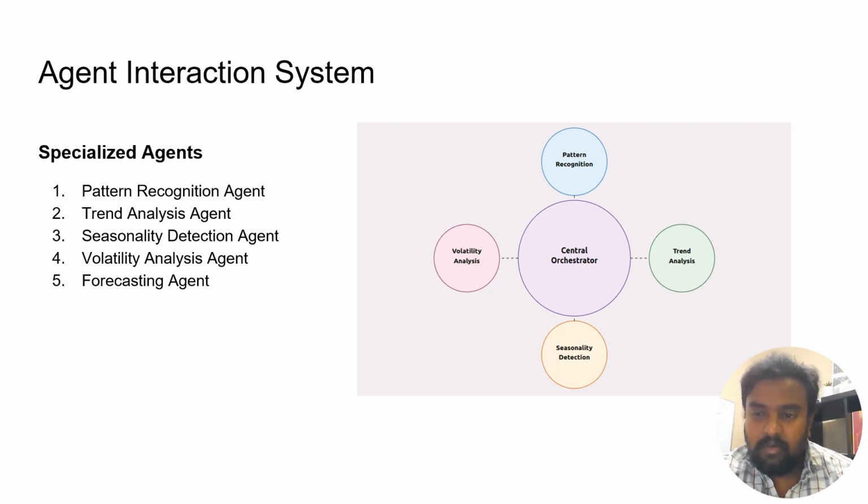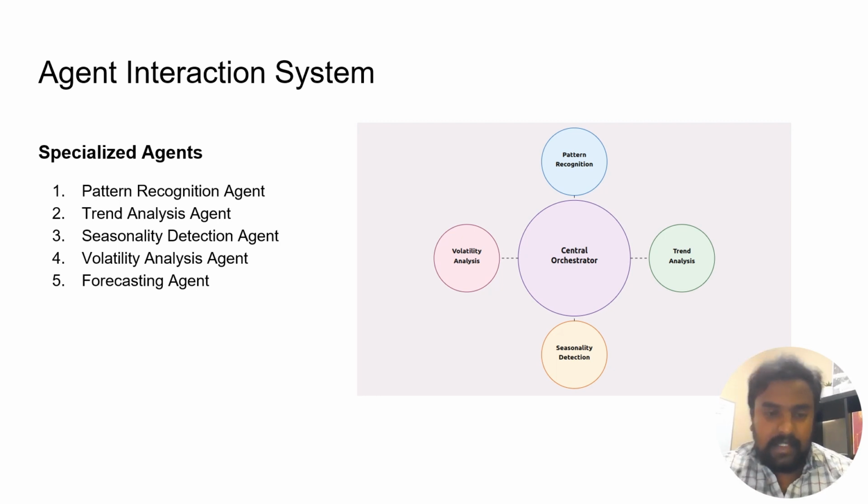So in order to overcome this, we need to go ahead with seasonality detection of all the patterns. The next one is the volatility analysis agent. It measures price fluctuations and market stability. And the last one is the forecasting agent, which combines insights from all agents to generate accurate predictions.